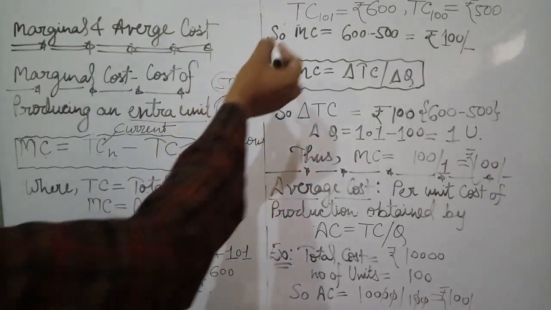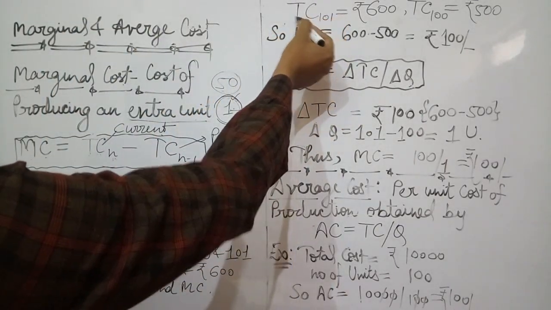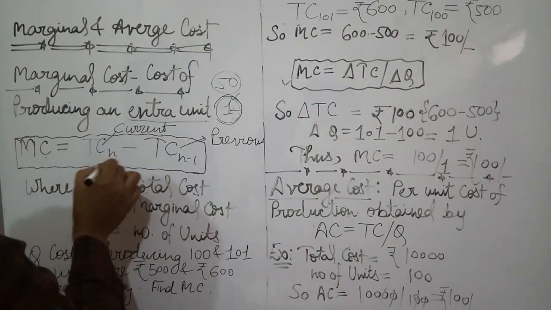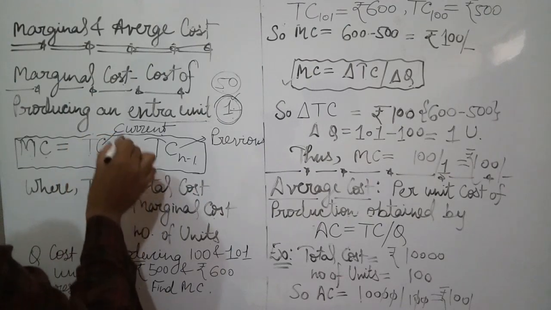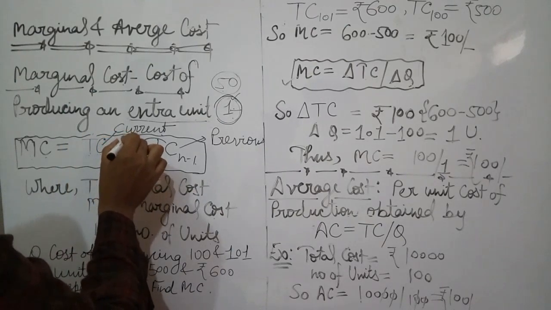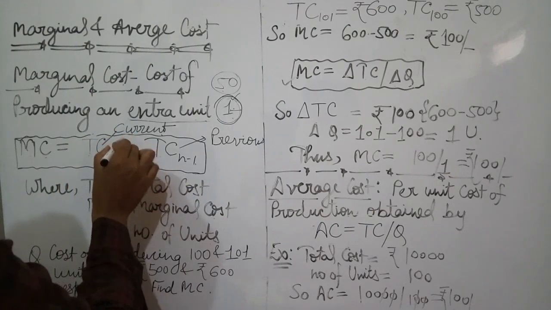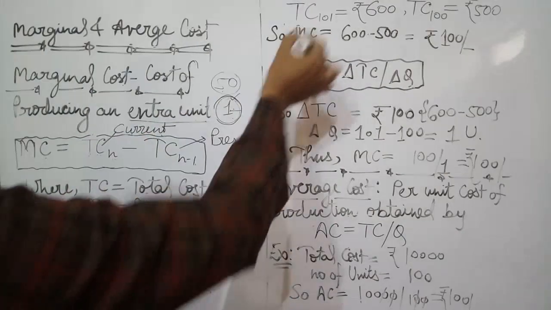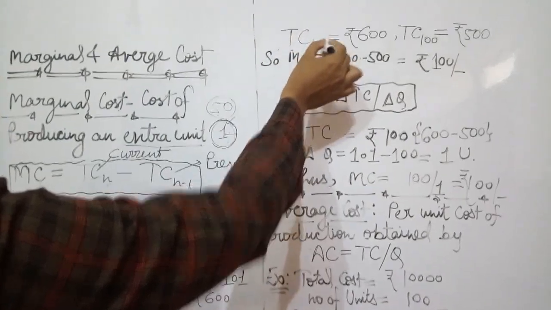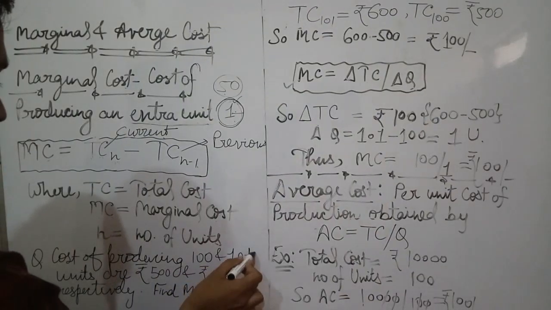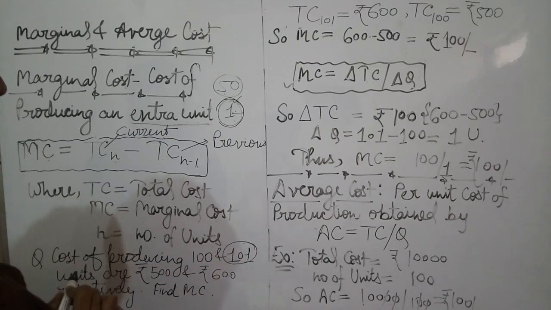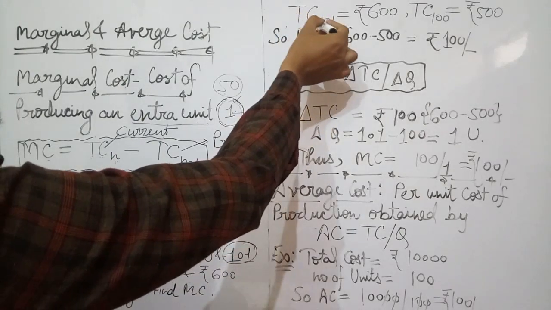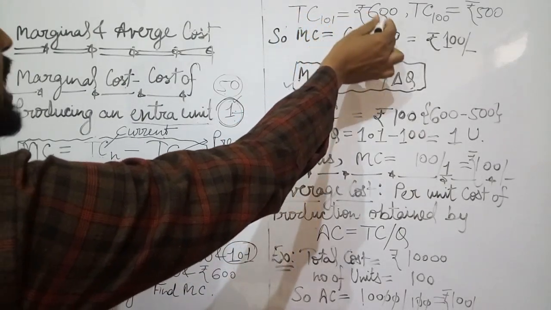Now coming to the solution, look at the formula. We have to find TCn, the cost of the current number of units that you are producing, that means TC101. You are producing 101 units currently, so TC101 is equal to rupees 600.